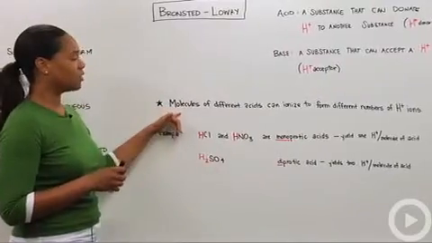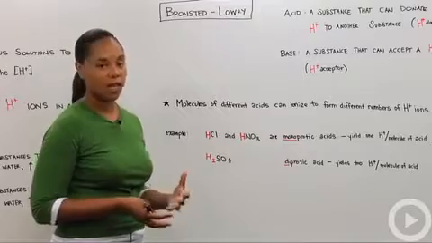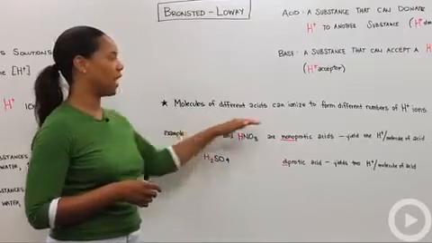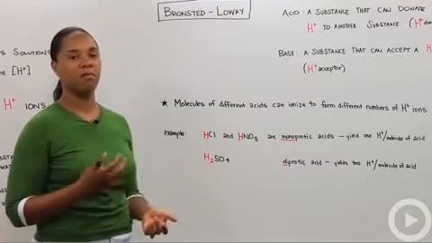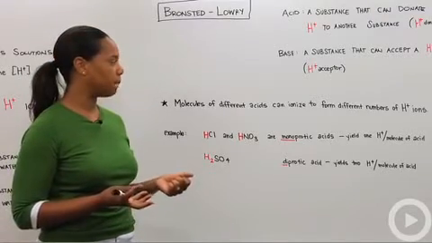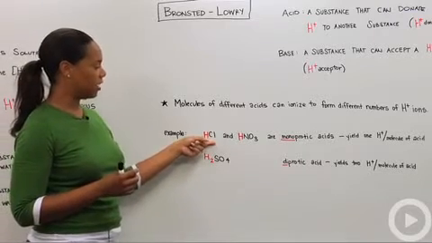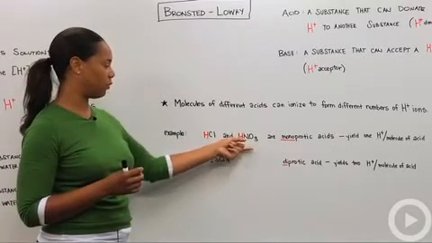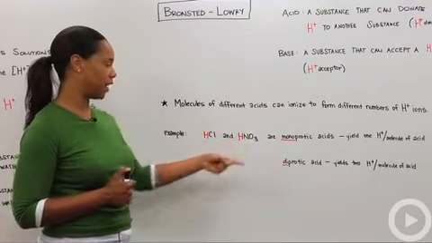So molecules of different acids can ionize to form different numbers of proton ions. Remember that when I say something ionizes, I'm saying that it breaks up into its respective plus and minus ionic species. So for example, we have here HCl and HNO3, so hydrochloric acid and nitric acid, two strong acids, very common.